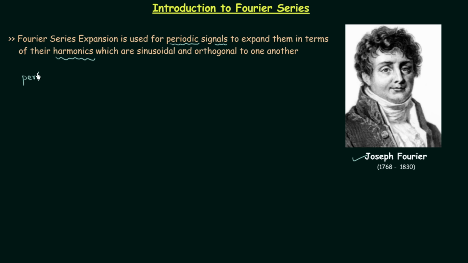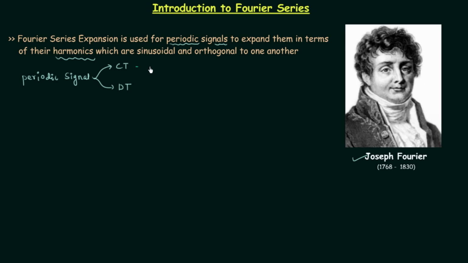There are two types of periodic signals. The first one is continuous time periodic signals, and the second one is discrete time periodic signals. Now, based on continuous time and discrete time, we have two types of Fourier series expansions.